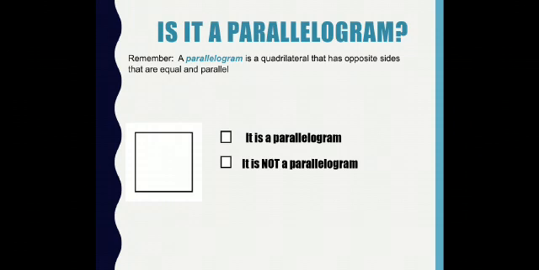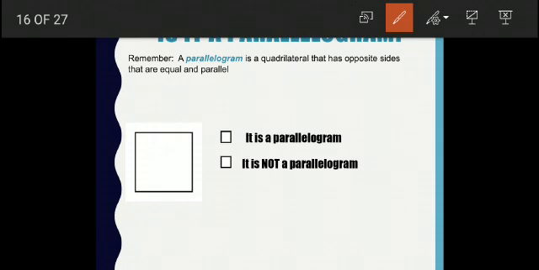Here you have been given a figure of a square. Let us check whether a square is a parallelogram or not. Children, if we look here in a square, the opposite sides are equal and also parallel. For a figure to be a parallelogram, firstly, it should have four sides. A square also has four sides. In a parallelogram, opposite sides are equal.